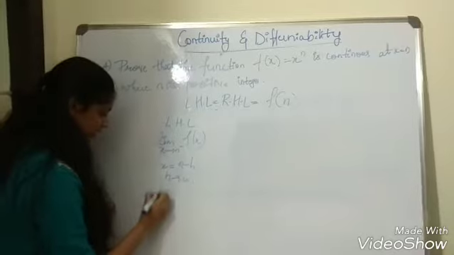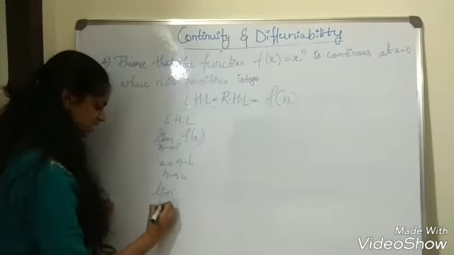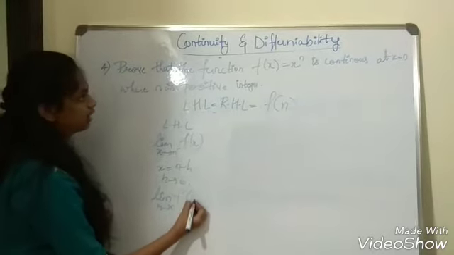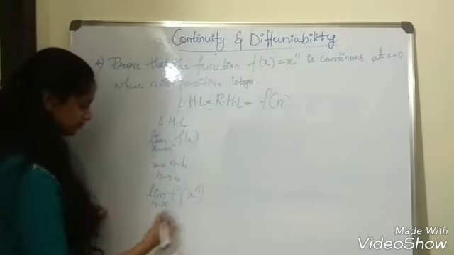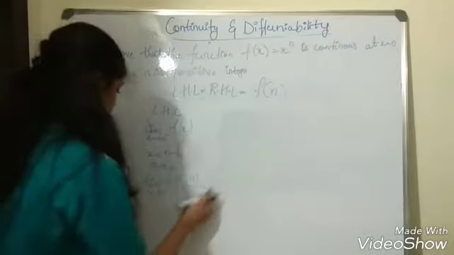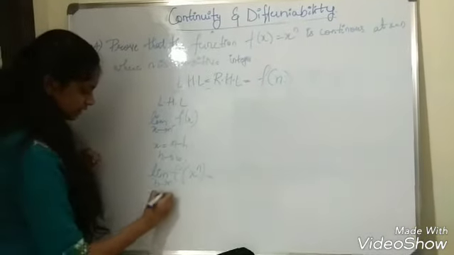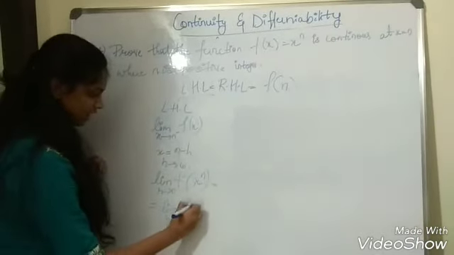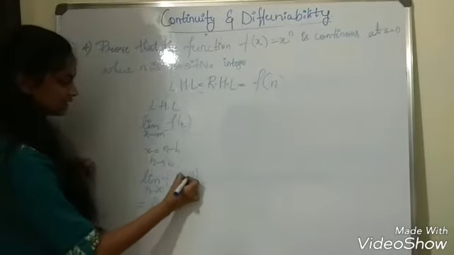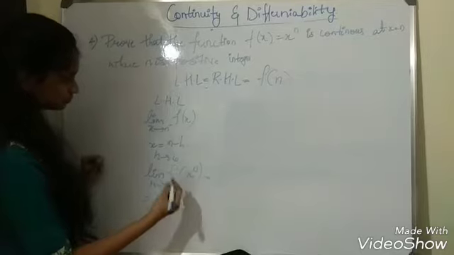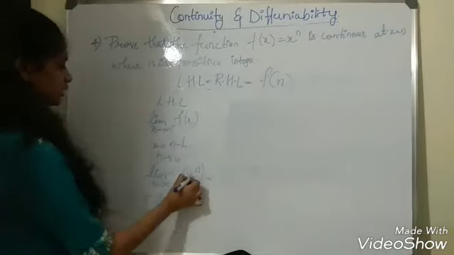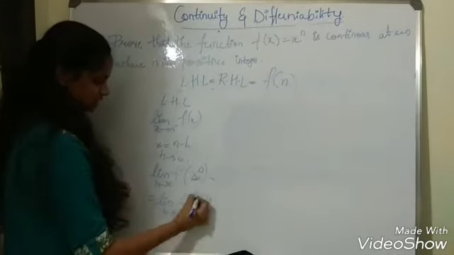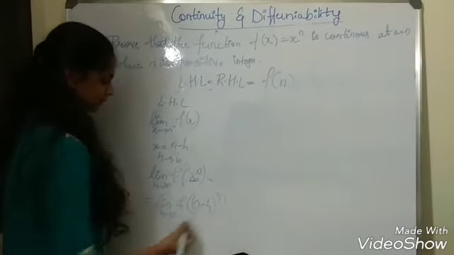Then limit h tends to 0 of f(x), x to the power n, which is equal to limit h tends to 0 of, as we told you, x is n minus h. n minus h to the whole power n.